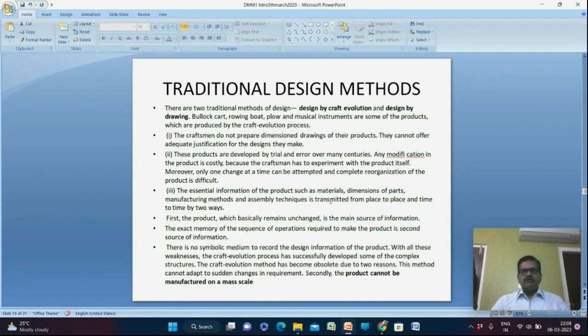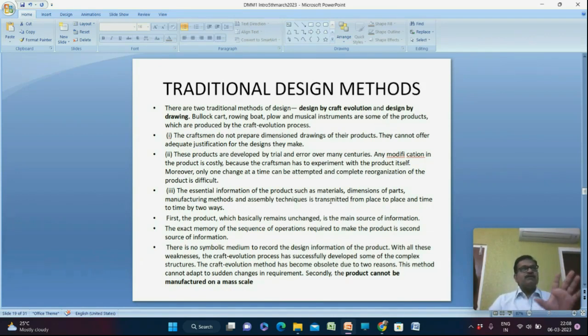Any modification in the product is very costly because the craftsman has to experiment with the product itself. Moreover, only one change at a time can be attempted. The complete reorganization of the product is very difficult.